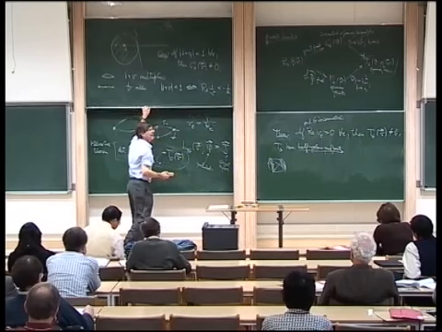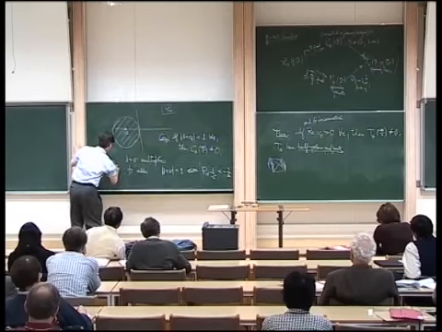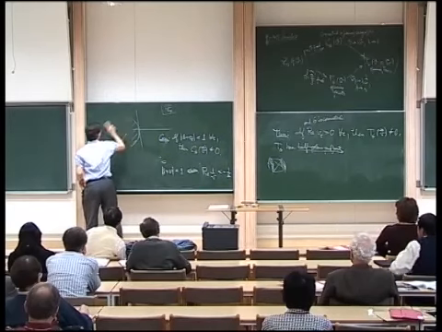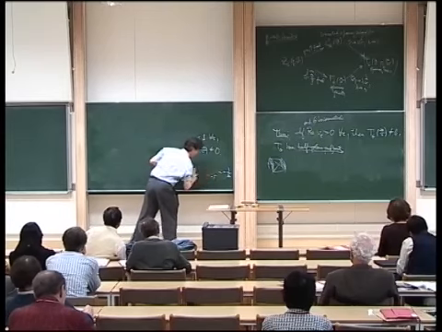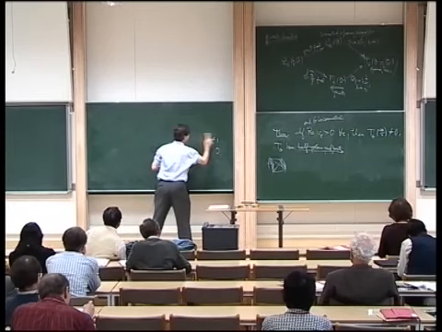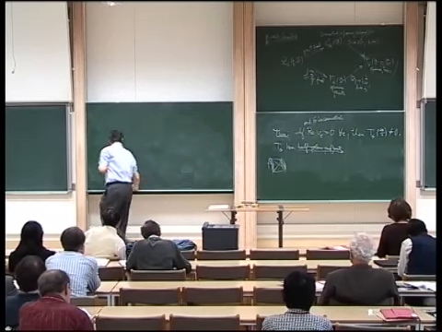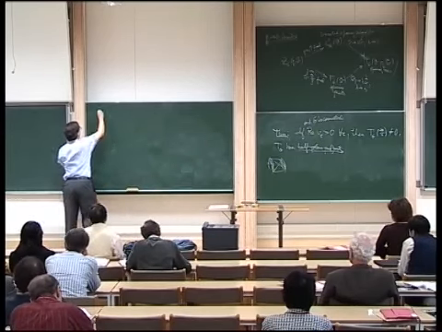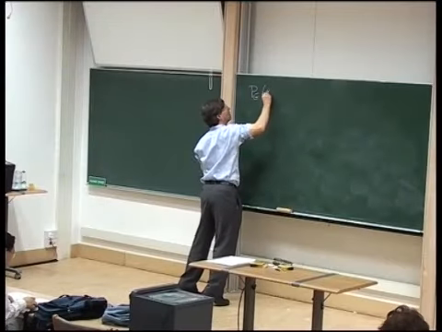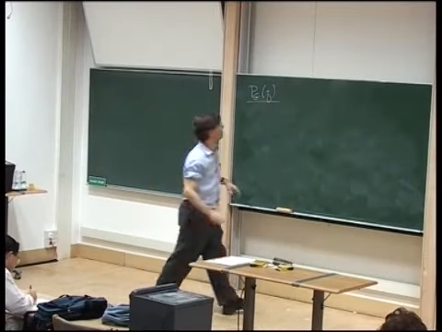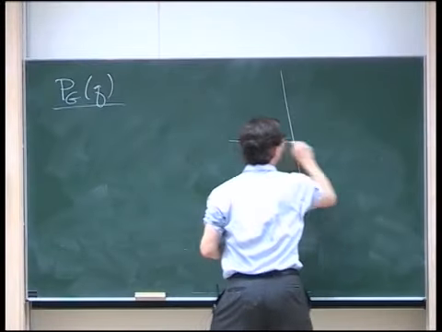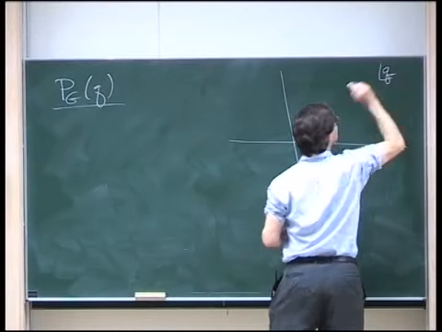Okay, let me now, in the last 15 minutes, talk a little bit about hard theorems, and then you'll see more details in the talks of Roberto Fernández and others. And so now let me concentrate on the chromatic polynomial, P_G(q), and I'm looking for zeros in the complex q-plane.